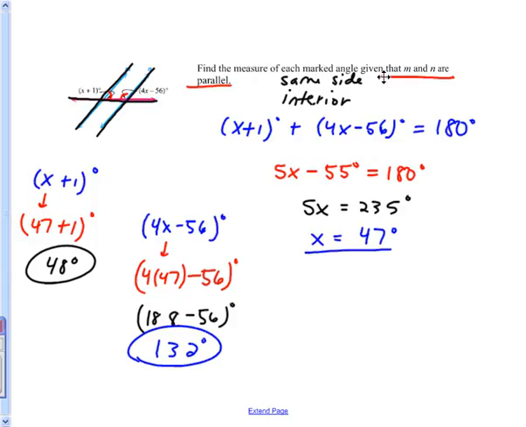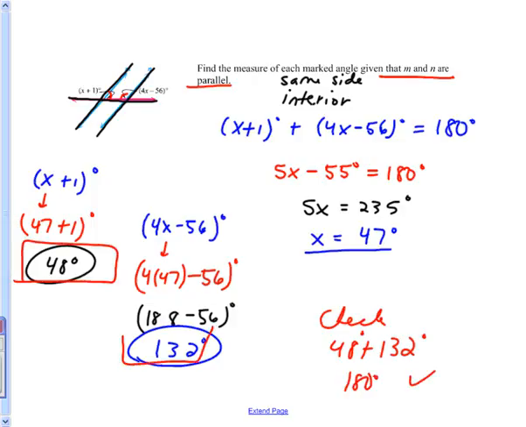And to check myself, does 48 and 132 degrees add to 180? It does, so I know that this is my answer and this is my answer.